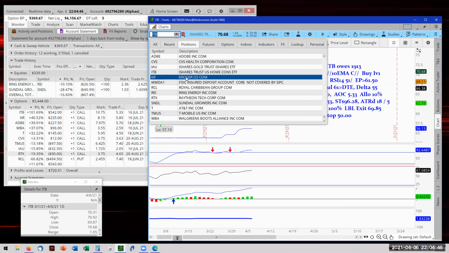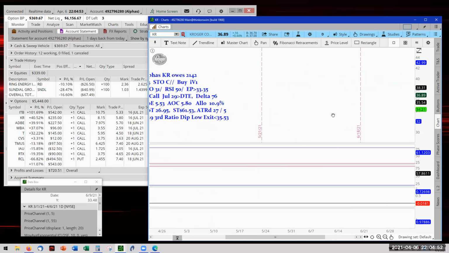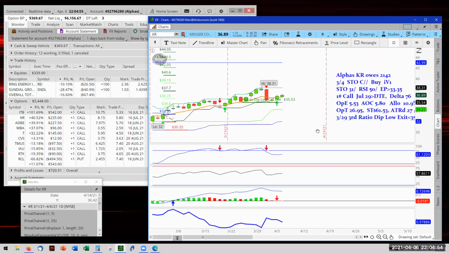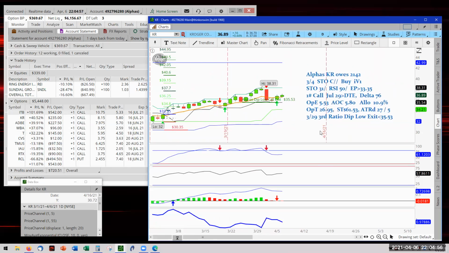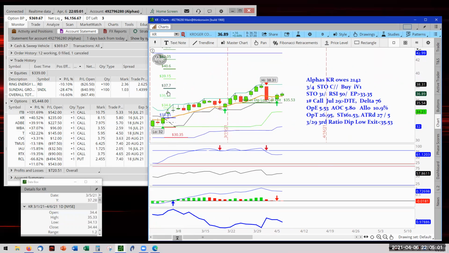KR is running at 40%. Let's zoom in a little closer. And there we are with KR. We had our close above the third ratio, and we had our stop put here at the lower low, the dip low right there, and another dip low occurred here.